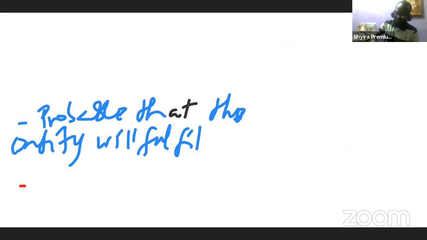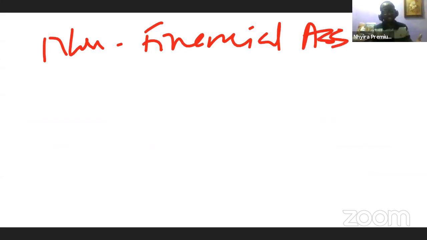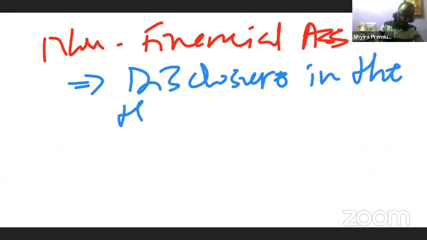When the government provides us with non-financial assistance, that is not in monetary terms, so the standard states that we just disclose it in the footnote. Anytime there is non-financial assistance from the government, the standard requires disclosure in the notes to the financial statements.